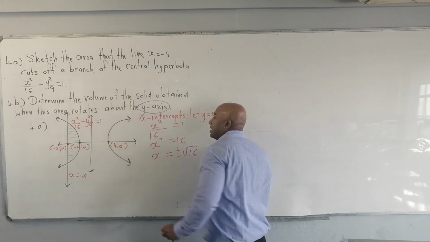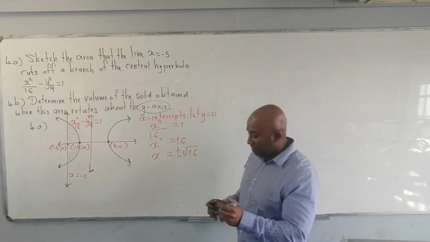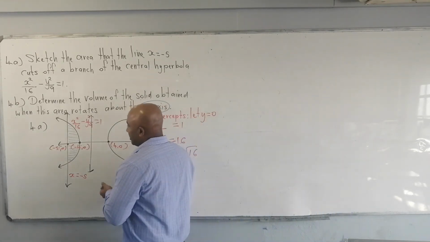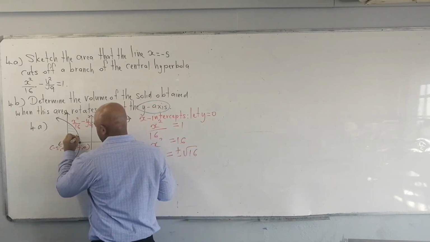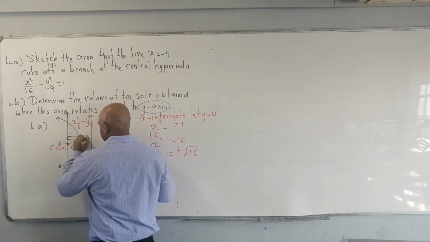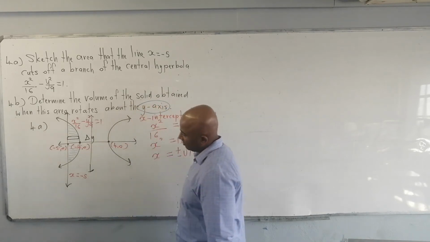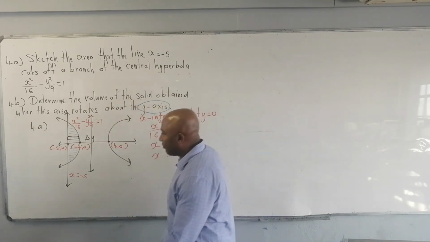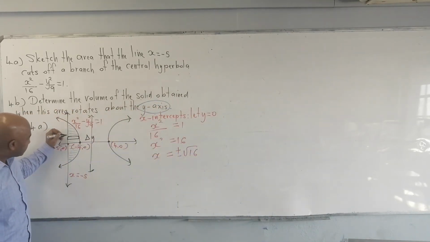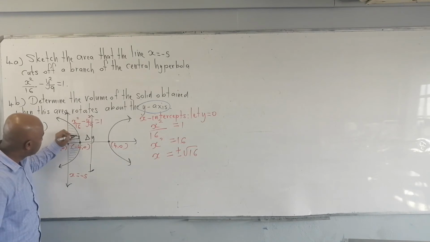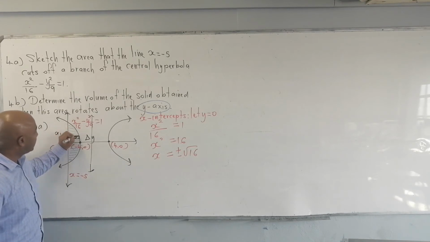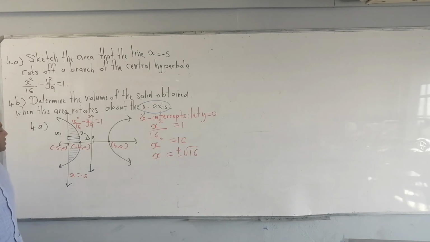So, if it's the y-axis, this is N5 level. Simple, all you do is draw your representative rectangle there, which is delta y. So you know, if you have delta y, then let's call this x1, let's call it x2.